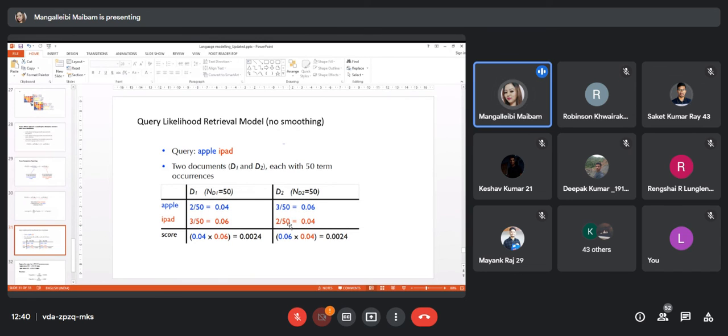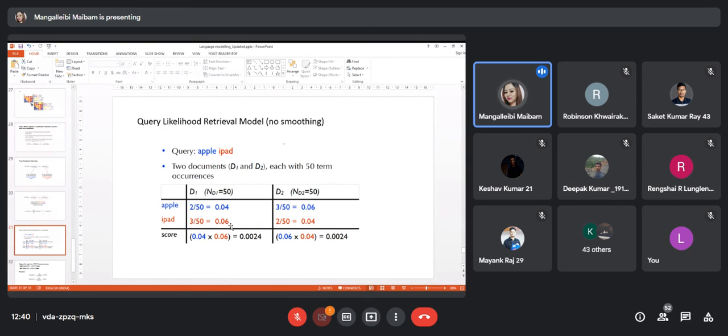When we calculate the score, it is exactly the same probability value: 0.0024 here, and 0.0024 here.